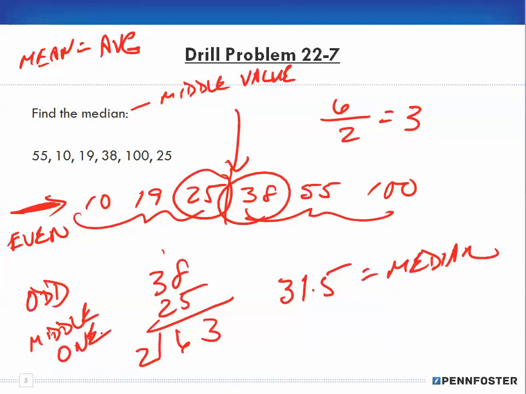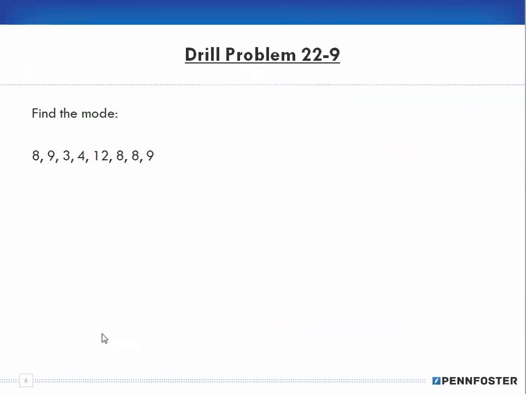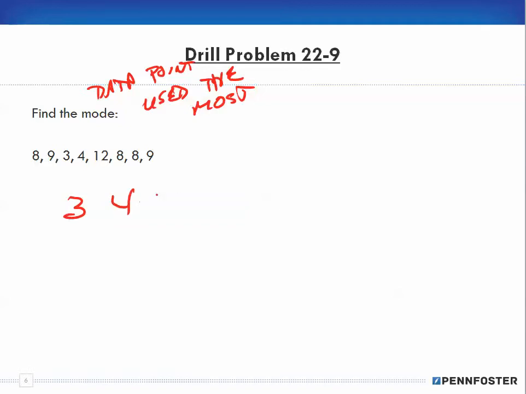All right, next problem. Now finding the mode. The mode is the data point that's been used the most times. In this case, let's list them all out: 3, 4, 8, 9, and 12.